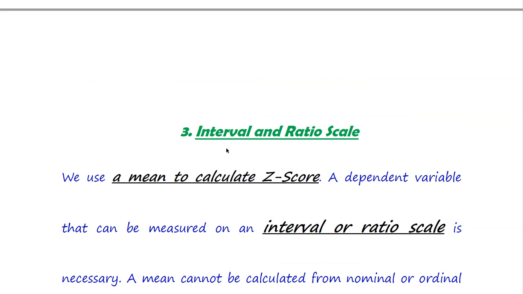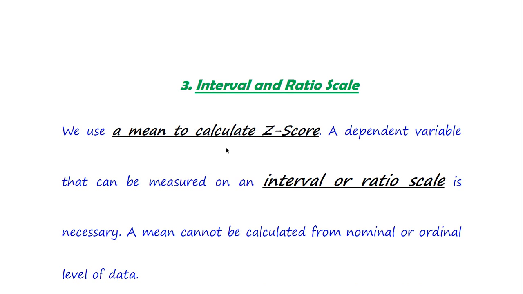It is necessary that our dependent variable is measured on an interval or ratio scale, because the mean cannot be calculated for nominal or ordinal scales. If you want details about interval, ratio, nominal or ordinal scales, you can see my video on scales of measurement on Statisticians Club. Its link is also given in the description.